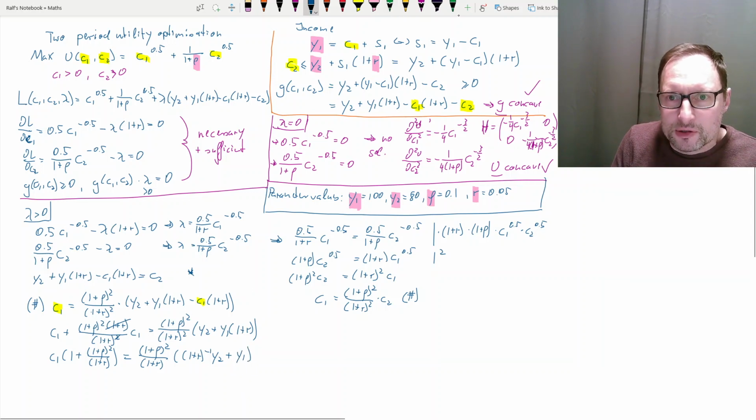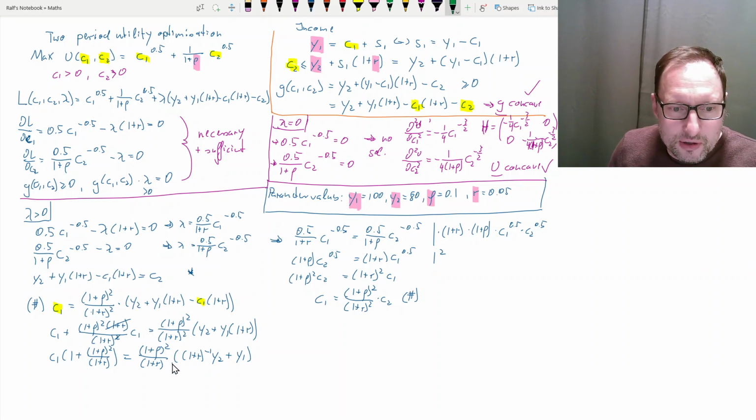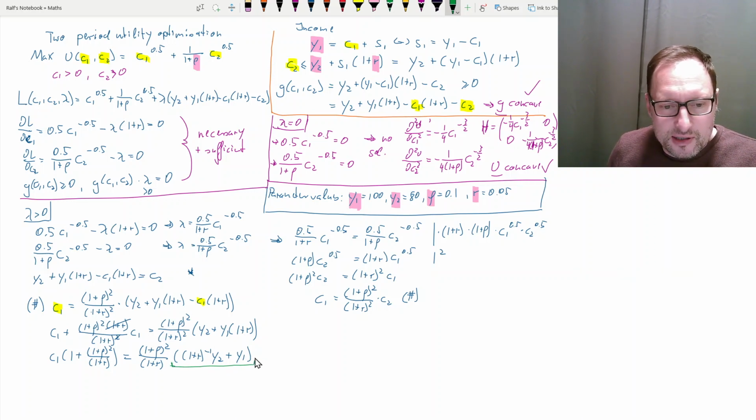And this is what I wanted to get to, because this term, especially for those of you who do any finance, and especially financial decision making, is just the net present value of your income stream. You have income today of y1, next period your income is y2, but that's discounted by the discount rate 1+r.